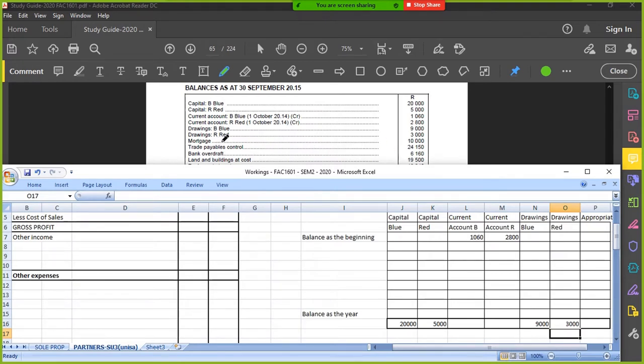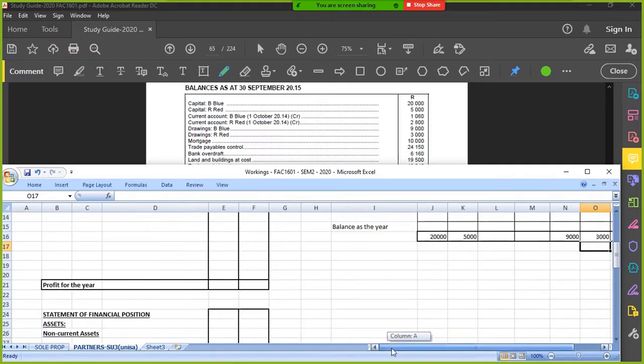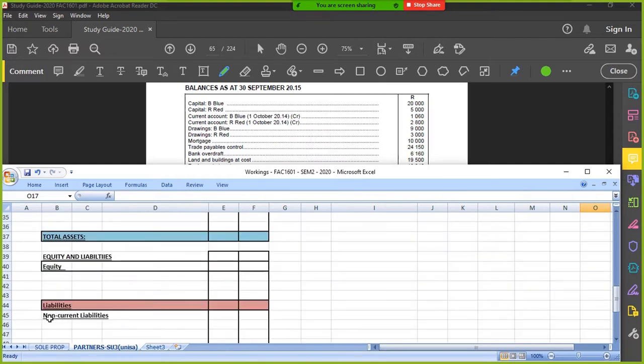Okay, it's a mortgage. Maybe give me some answers in the chat. What is a mortgage? Let's test you. What type of account is a mortgage? Good, liability. So mortgage goes here, in brackets, how much? 10,000. Okay, trade payables control.